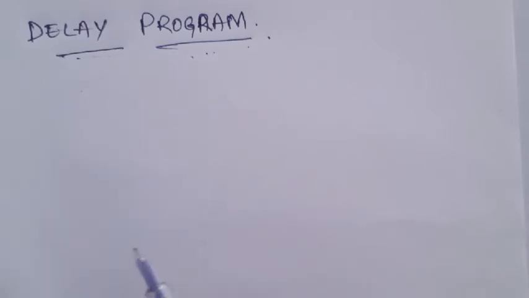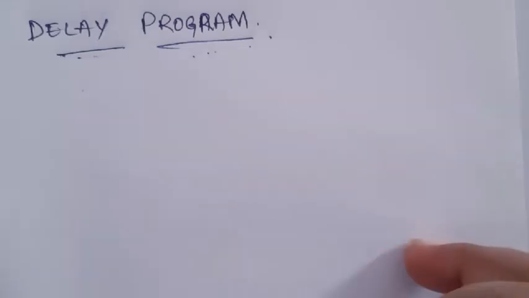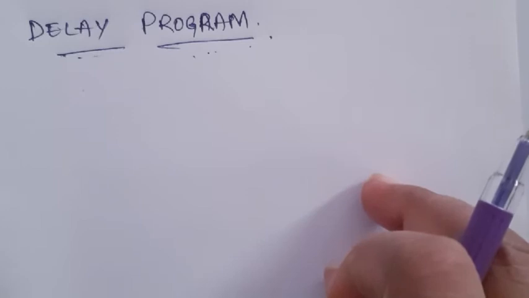Okay, so you know that to execute each instruction, a processor takes a certain number of clock cycles. You can see in the textbooks, at the back side, the manufacturer will give you, for any processor, how many clock cycles it will take to execute that particular instruction.